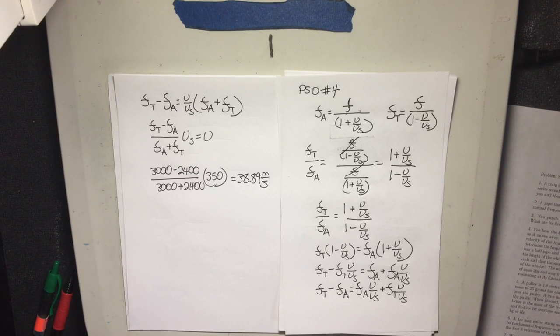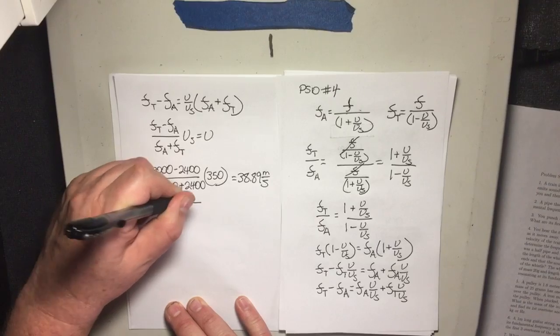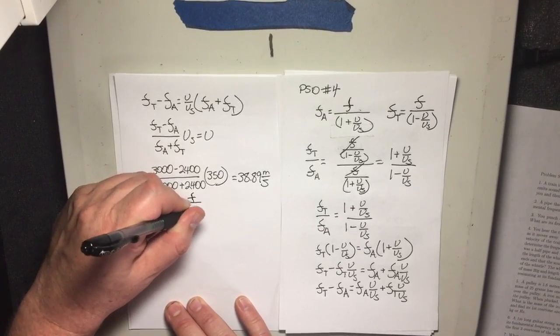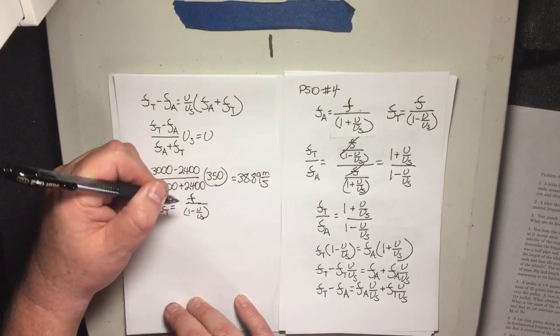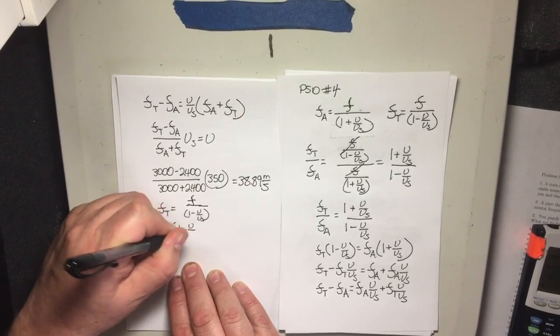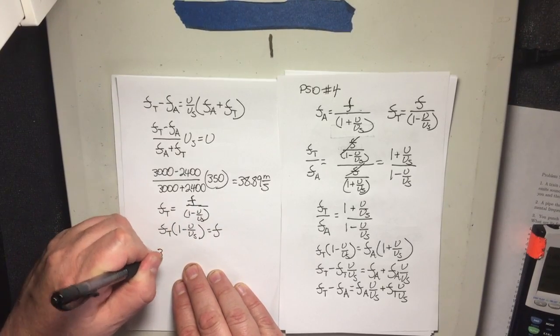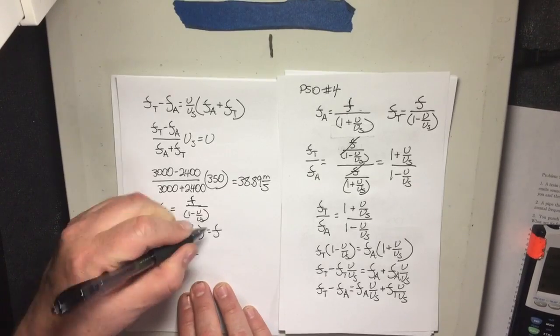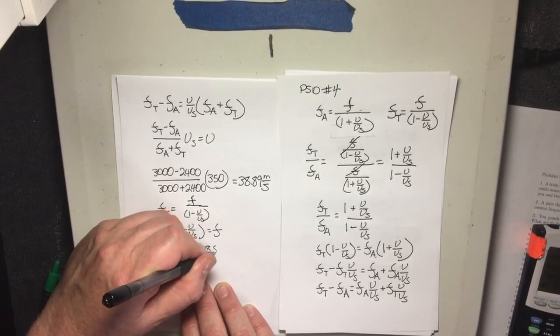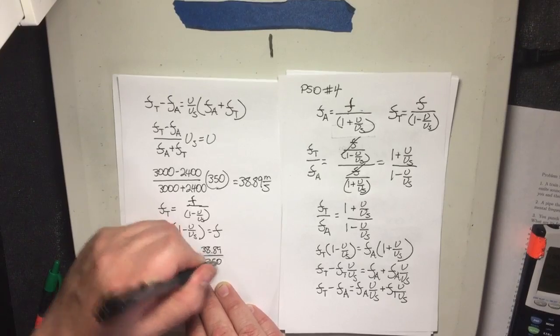Now, if it's using a whistle, what's the frequency of the whistle? Well, we now have the velocity, so you can use either one. We'll use towards. Towards is 3000, 1 minus V, 38.89 over Vs, which is 350.